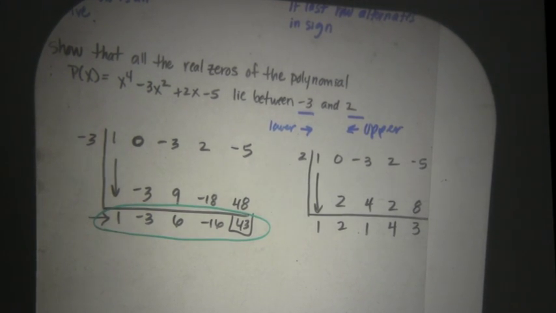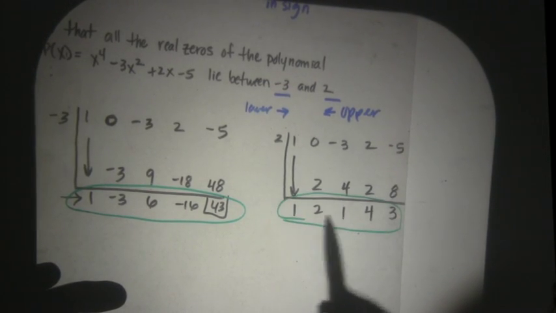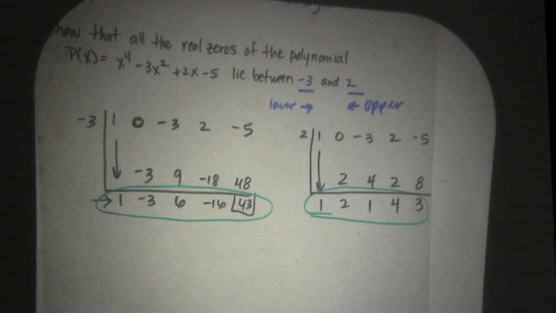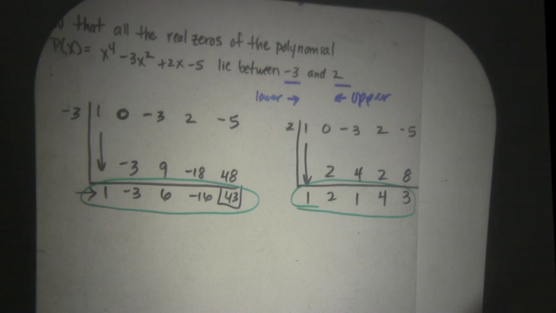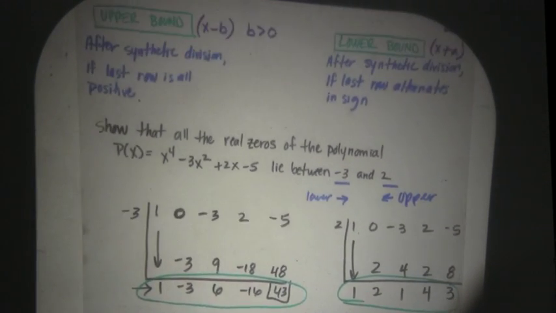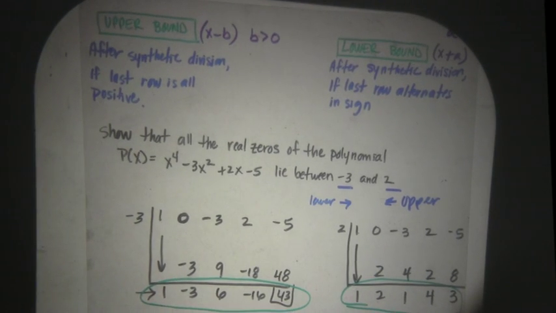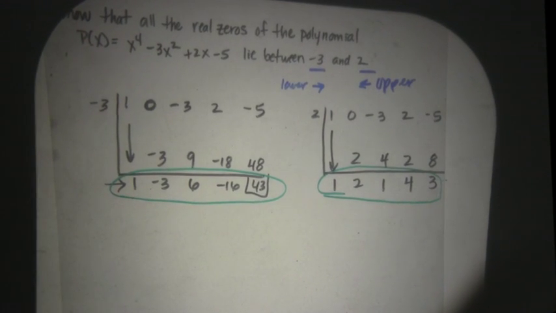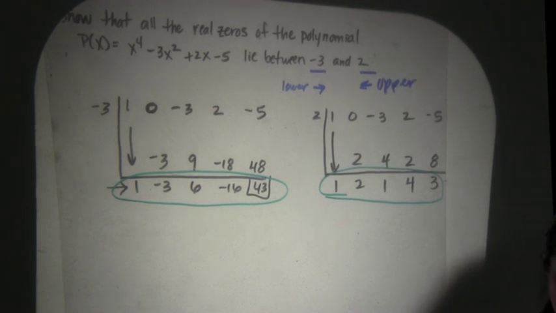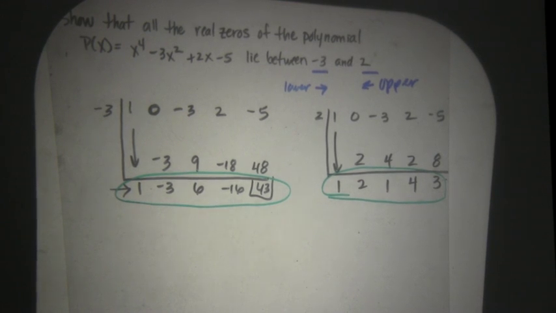Again, we are looking at the last row here, the row that contains the quotient and the remainder. In that row, all of those entries are positive. And because all the entries are positive, according to the upper bound, we have to be dividing by a positive number, and 2 is in fact a positive number, and we got a row of all positive entries in the last row. So now we know that 2 is definitely an upper bound, and therefore we have shown that all the zeros of this polynomial do in fact lie between -3 and 2.